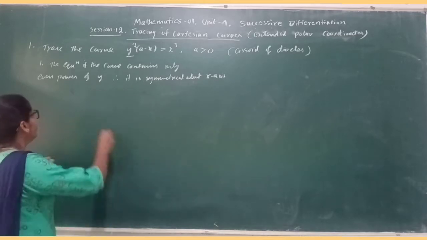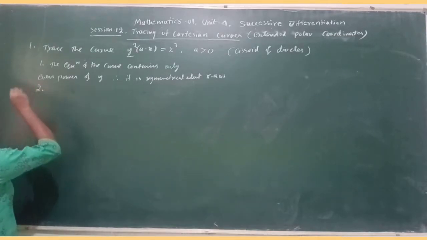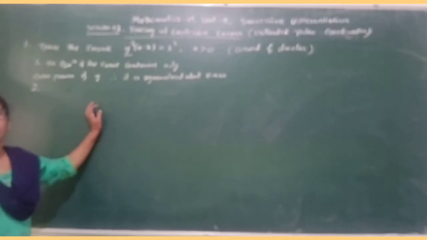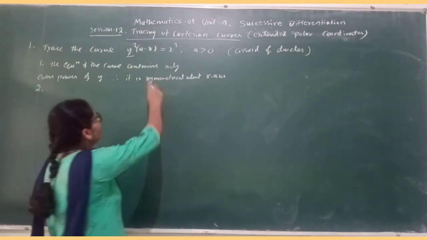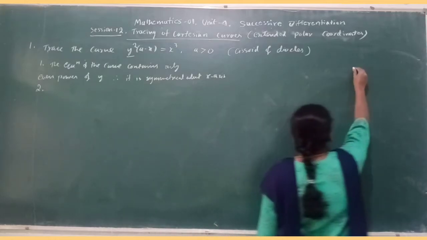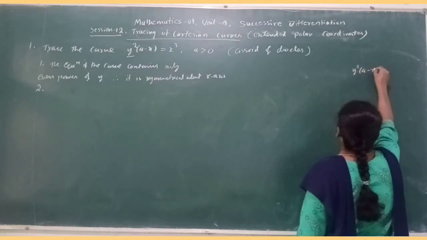Now, point 2. Let us find the point of intersection of the curve with the x and y axes. We put x equal to 0 and y equal to 0 in this equation.